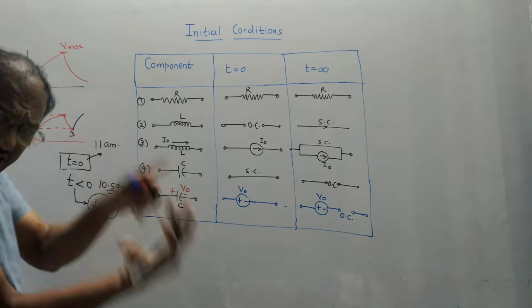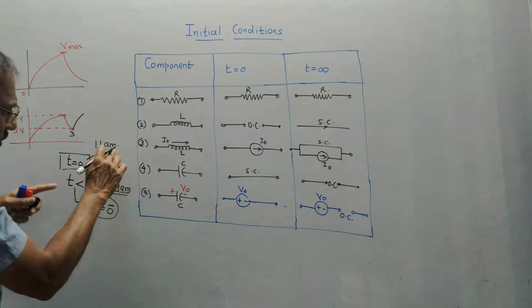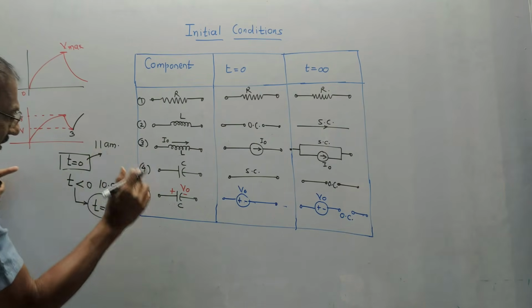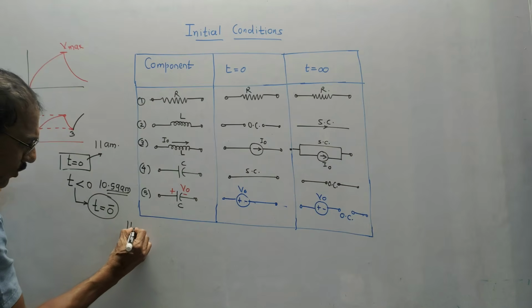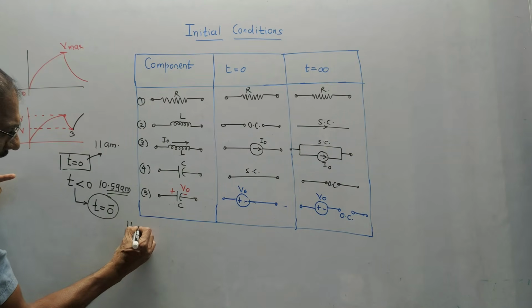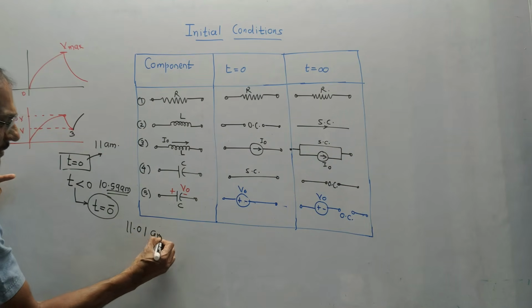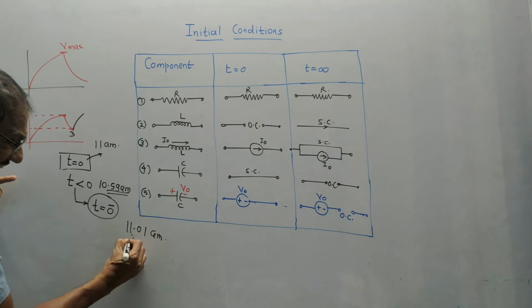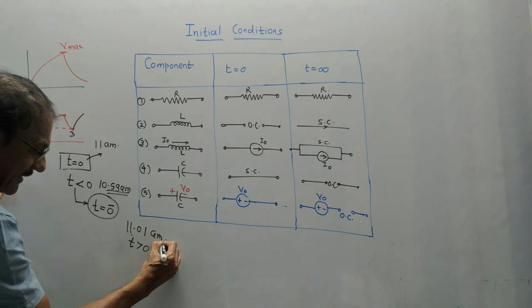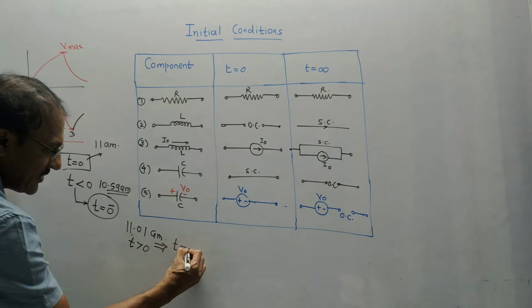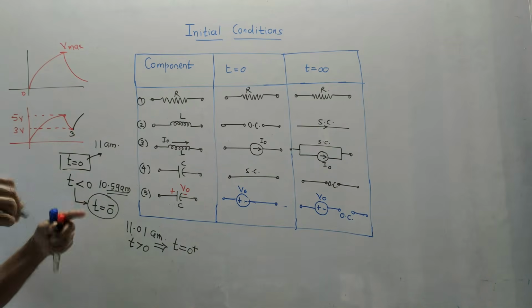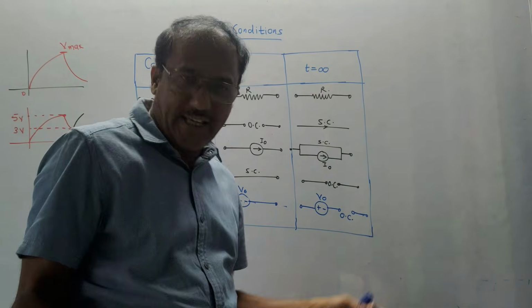Now, just after starting an experiment at 11 a.m., suppose I want to find the condition at 11:01 a.m. This time is t greater than 0. In this subject, it is denoted by t equals 0 plus. So, how to memorize this in simple language?